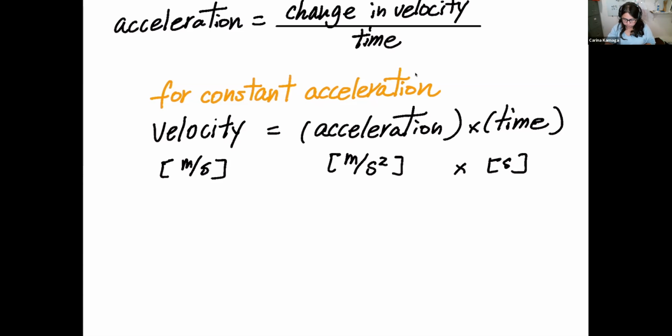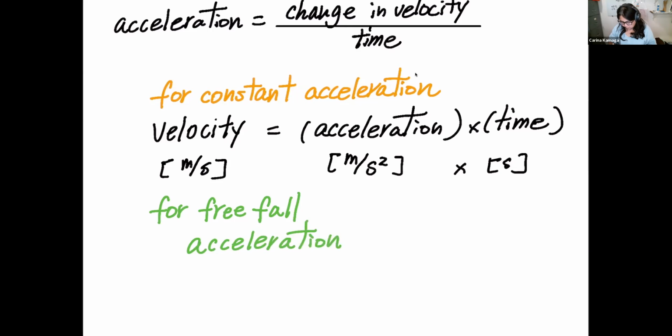So for free fall, we said that the object is falling and it has an acceleration that's at the constant g, which is gravitational acceleration.